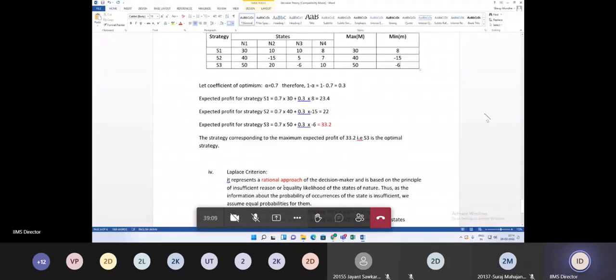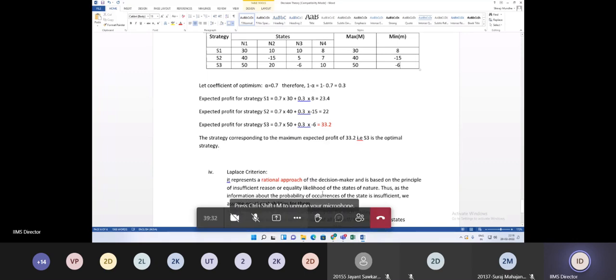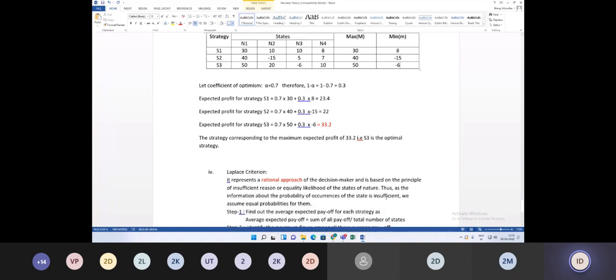It represents a rational approach, based on the principle of insufficient reason, or equal likelihood of the states of nature. As the information about the probability of occurrence of the states is insufficient, this method is applied.